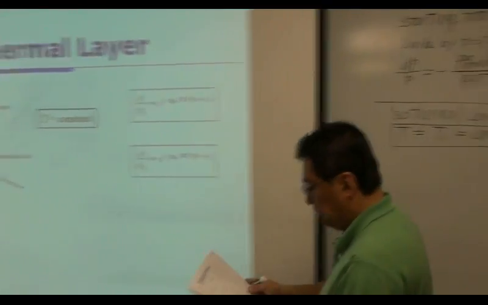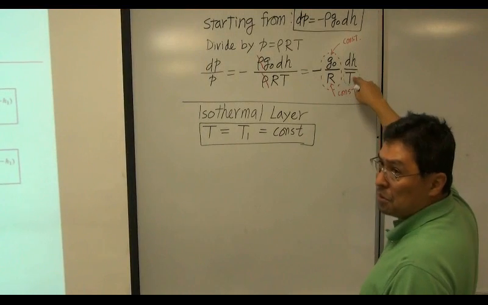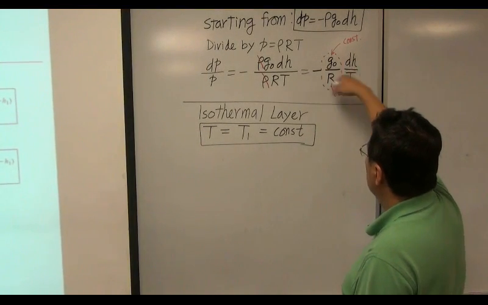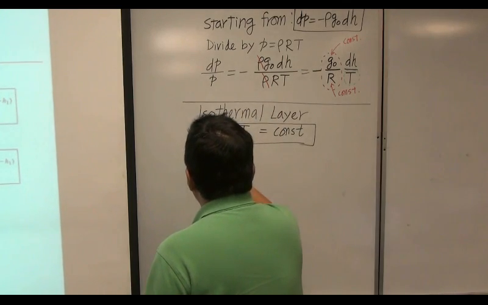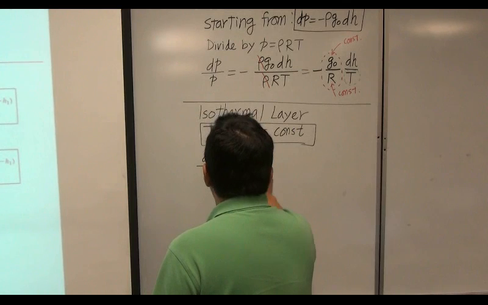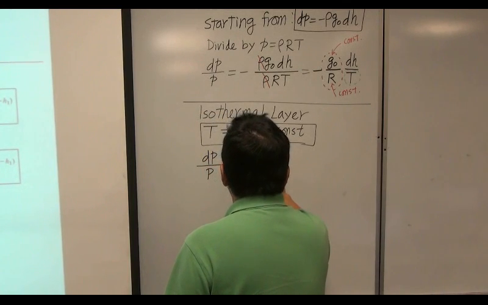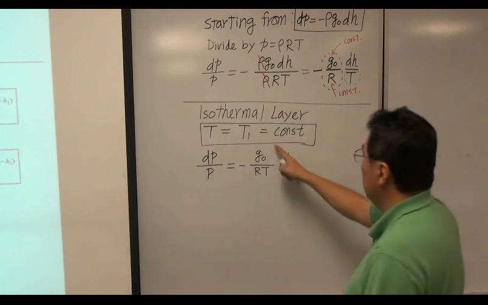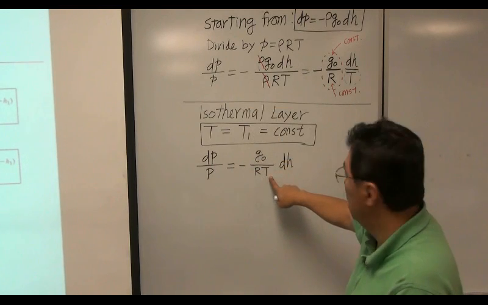That actually makes this equation much simpler because this T is also constant. Constant joins into here as a chunk of constants. Let me just write it down here. dP over P is equal to minus g0 over RT dh. So this whole thing is constant now. Temperature is also constant.